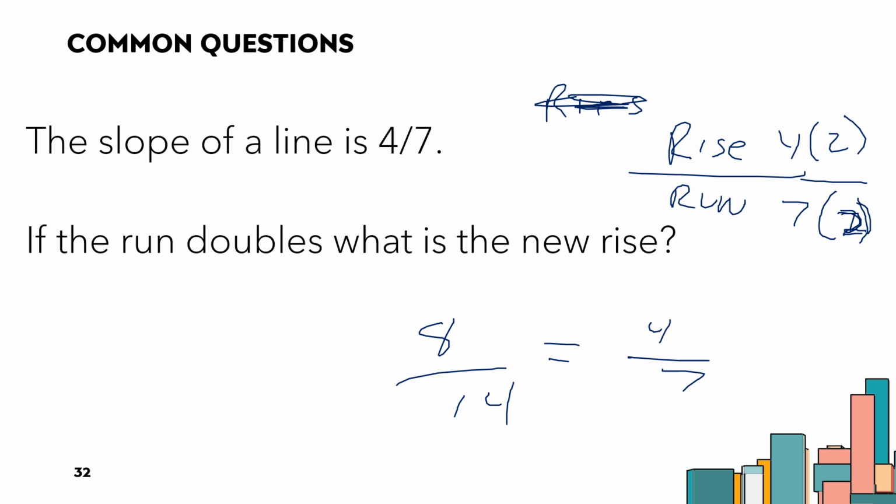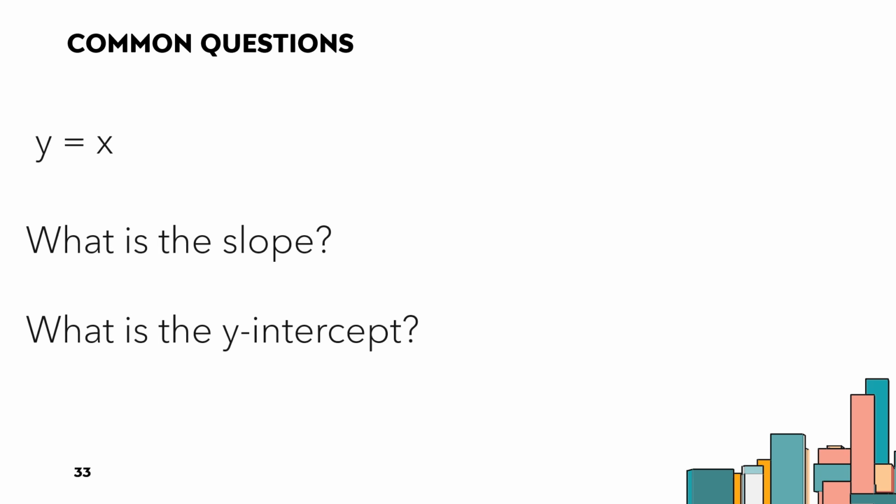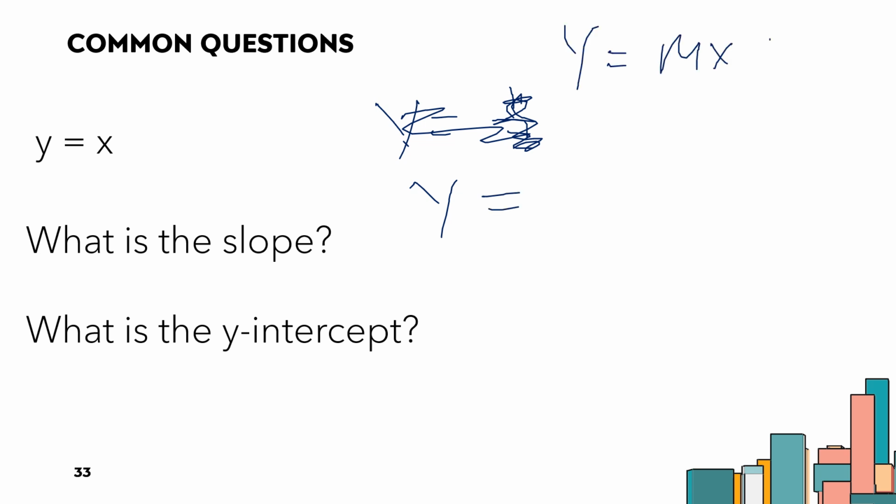Another common question has to do with the parent function, y equals x. And I think it's just math anxiety, really. But what I would do, just write it out, right? Y equals mx plus b, and even the understood stuff like your one coefficient, I would write it.